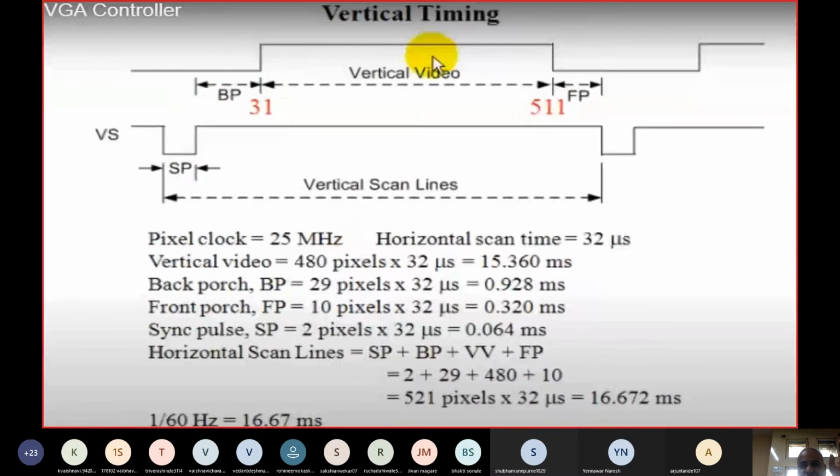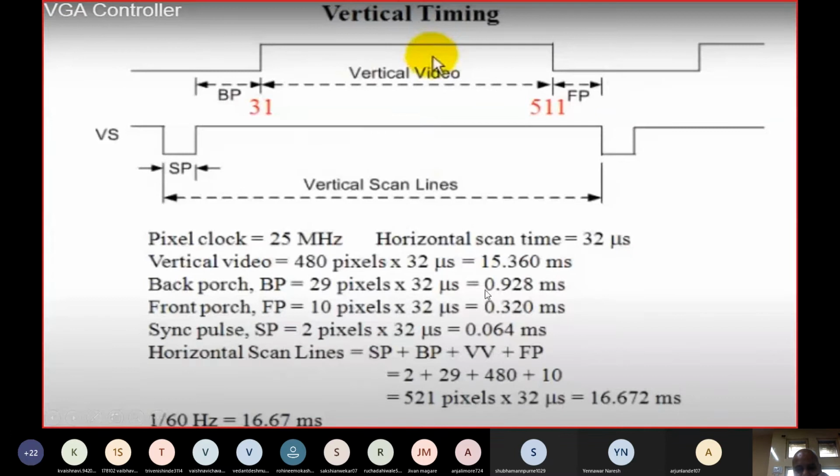Then when we talk about vertical, again the same concept is there. Pixel clock is 25 megahertz, horizontal scan time is 32 microseconds. Then vertical video required will be 480 pixels, instead of 640 now there are 480 pixels. Time required is 32 microseconds, so it will take 15.360.